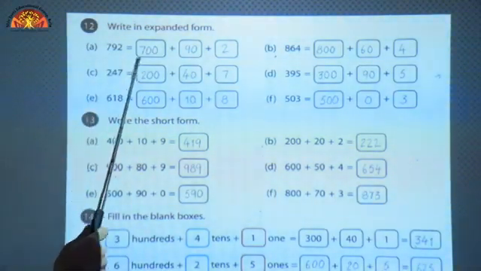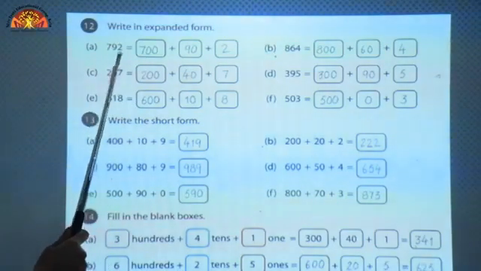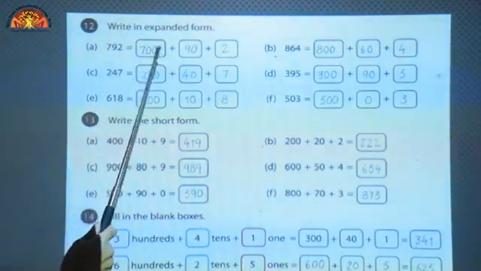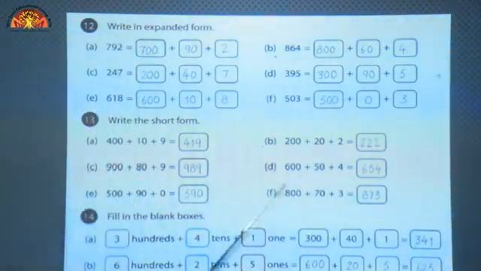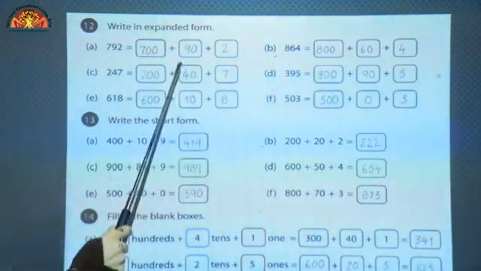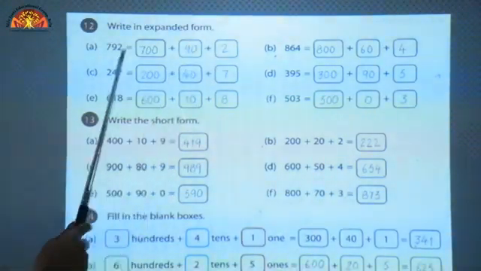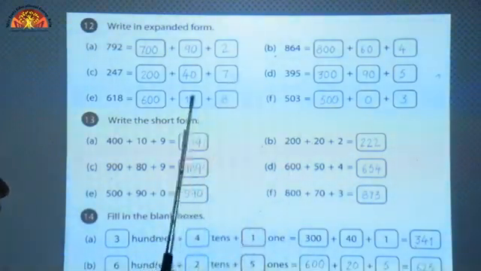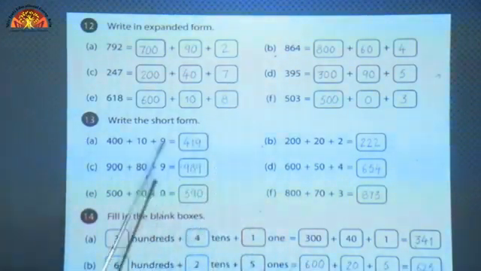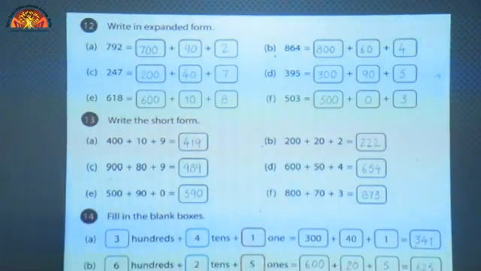So we will write 700 for this 7. This is 700 plus, 9 is at tens place. So we will write 90 for 9 tens. This is 90, and 2 is at ones place. So we will write 2 as it is. I hope you have understood. Now the rest of the questions you can do yourself.